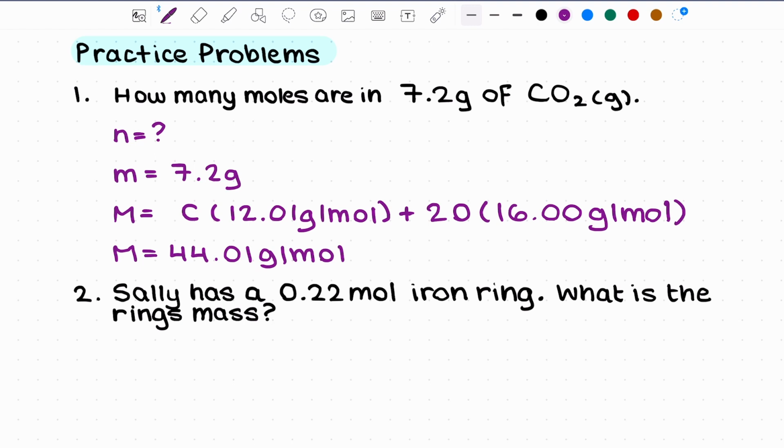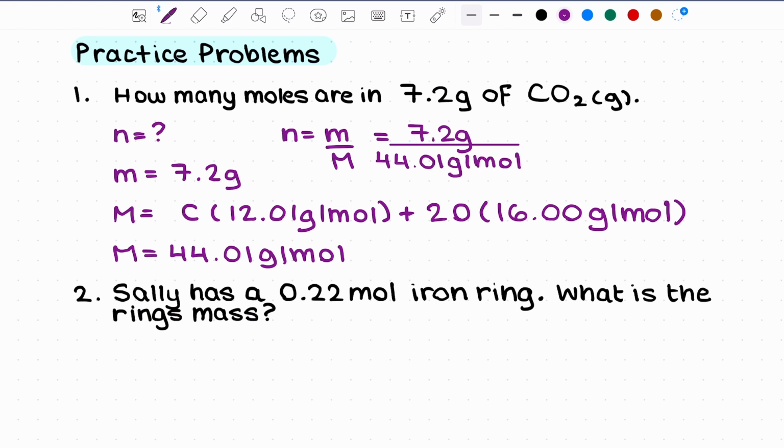Okay, so the first thing that I can do is write down the formula. Well, we know that n is equal to little m over big M. All we have to do now is substitute in our values. We have 7.2 grams, and we know that that 7.2 grams is from CO2, which has a molar mass of 44.01 grams per mole.